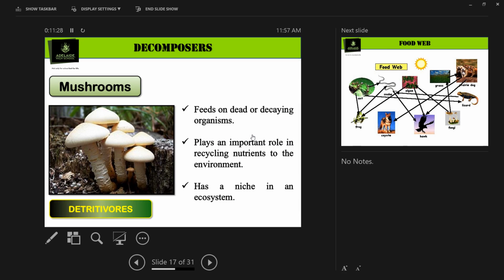The last one. Once everything has died down, all right, the eagles have died, grasshoppers have died due to the fact that competition is so stiff, all right, you're not able to compete for the food or the natural resources. The mushrooms here will actually feed on the dead or decaying organisms.